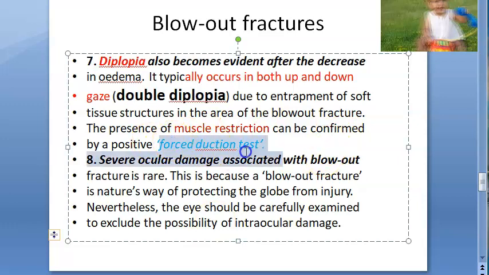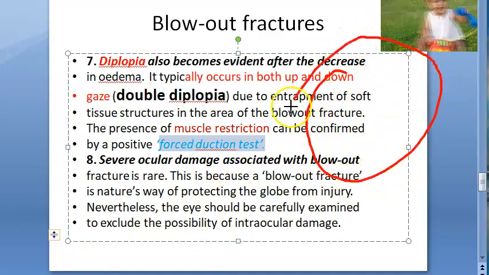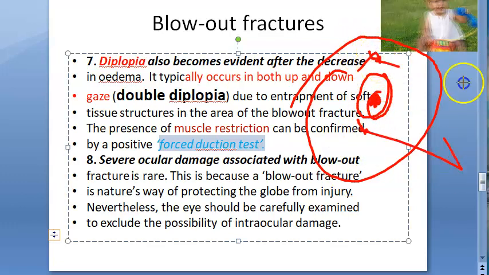You can confirm this by forced duction test. What is forced duction test? They will give anesthesia first of all. If this is the eyeball, this is your cornea. They will hold it with forceps and try to move it. If it moves, that means the muscles are fine, and the nerve supplying the muscles is damaged. It will be paralysis.